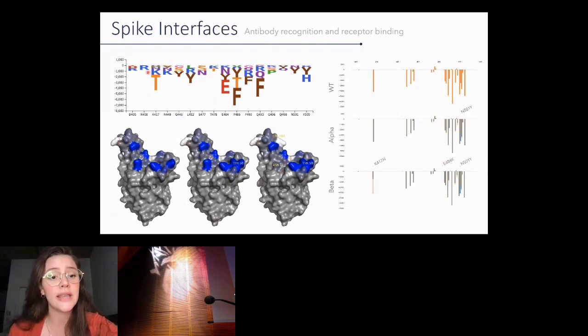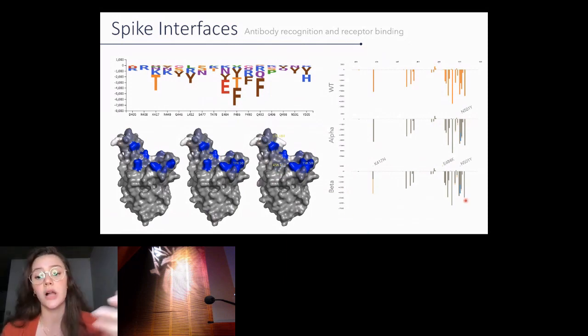However, when we look at the interaction with the antibodies, we see that this mutation also decreases antibody recognition. And the beta variant, as well as the gamma variant, that also has a mutation in this position 417 and a mutation in position 484, were variants that appeared in communities that were predicted to have been exposed a lot already to the virus and had developed some sort of immunity.